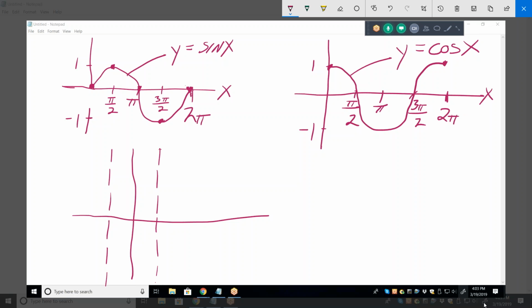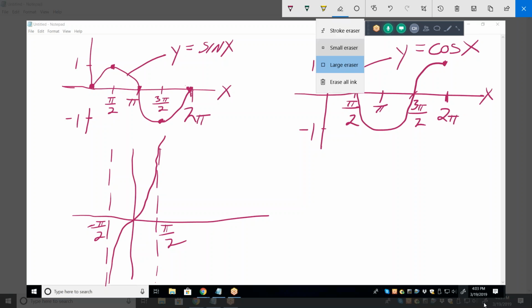These happen to occur at minus pi over 2 and plus pi over 2. And the function is always increasing, always rising, and always asymptotic with those asymptotes.